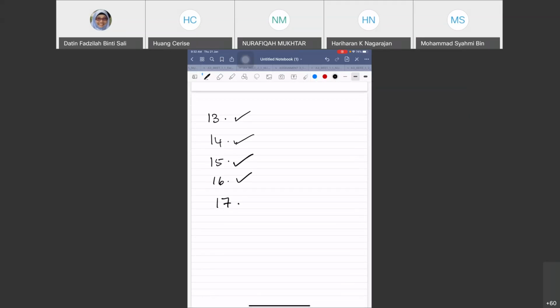Earlier we looked at parallelogram. So this time, can you all find the area of a triangle for 17? Can you all try that? What's the area of triangle KLM for 17?